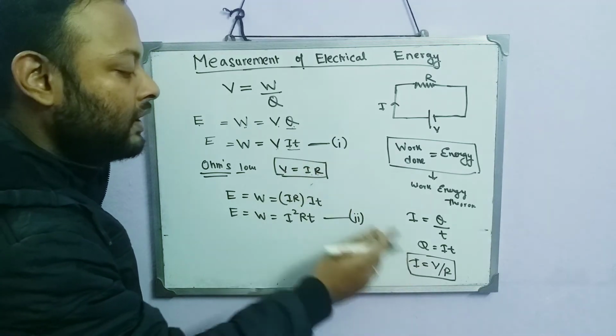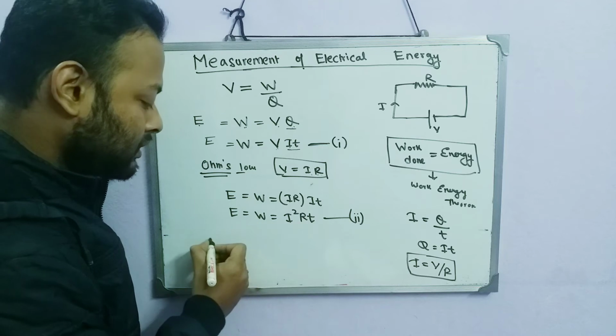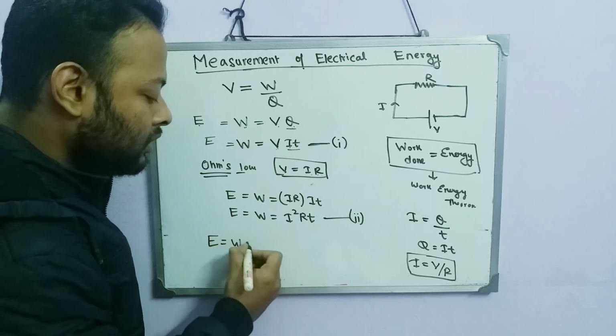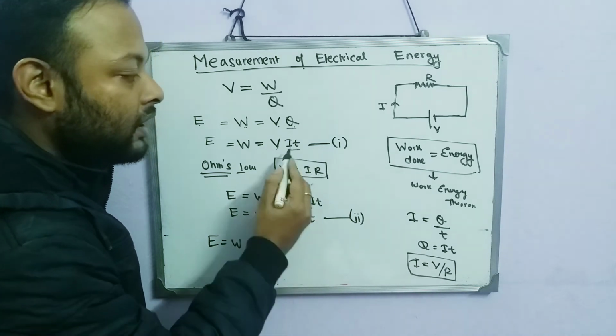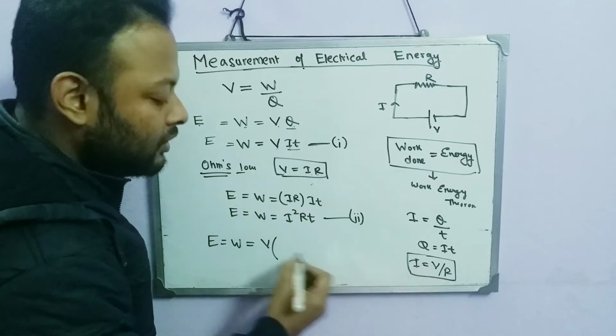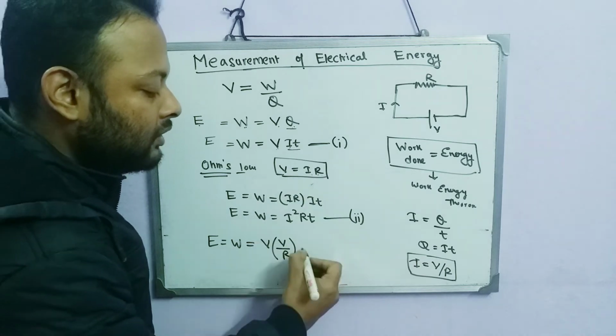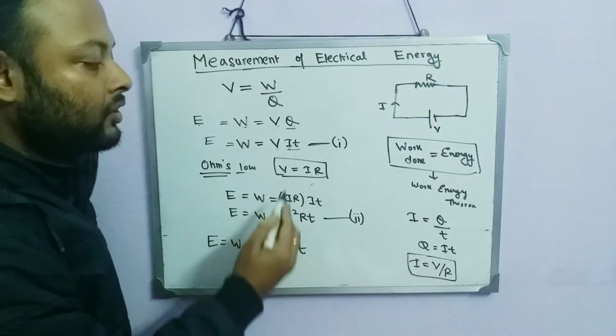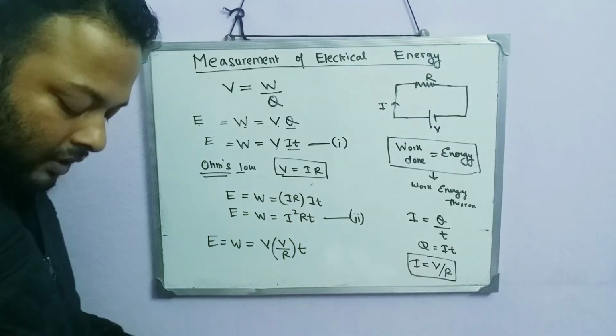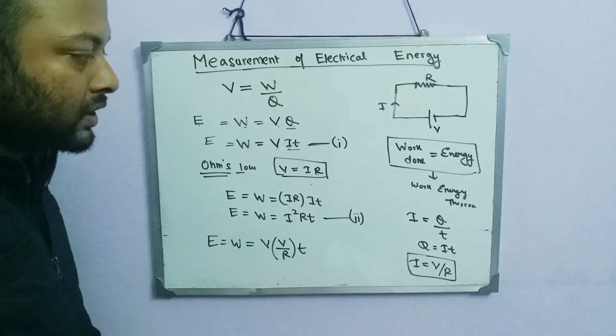So energy is equal to work done, which is equal to V, instead of current I, I'll write V by R, and then add this value T. So you can see I have used this equation only. My main equation is equation number 1.